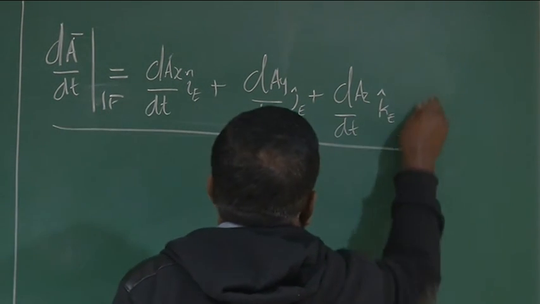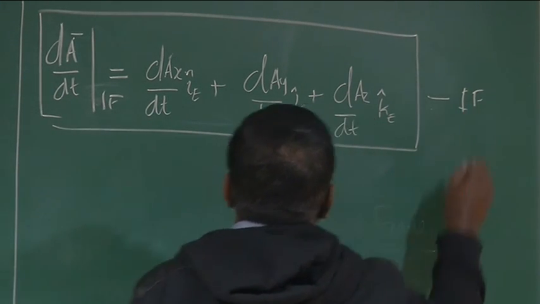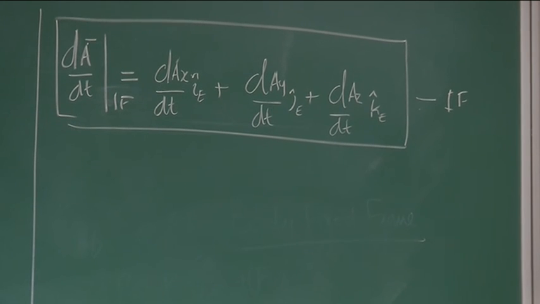As simple as that. This is the derivative of a vector in the inertial frame. It is nothing great. We have all been doing this in class 9, 10. Every problem was solved in the inertial frame.